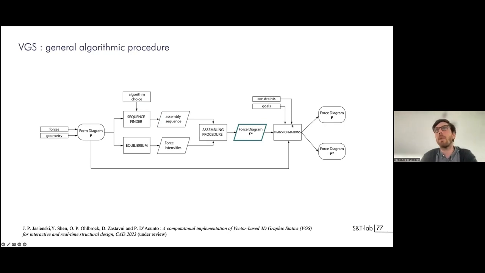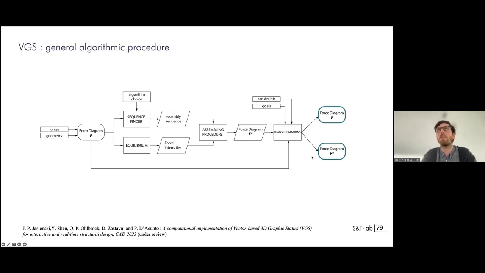Thanks to Kangaroo, the numerical solver that we implemented into VGS, you can apply some goals, some constraints, and modify the 2 diagrams accordingly. Even though the diagrams are not reciprocal to each other, they are interdependent, which means that if you modify one, you will in real time see the modification in the other one. And so you have these 2 diagrams that are connected by the transformation.